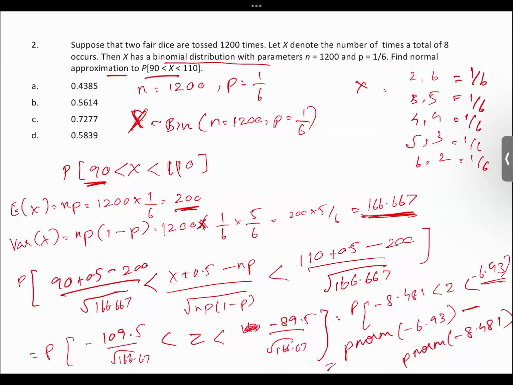Yeah, you just do this, whatever answer you get should be the answer. This is how you solve it, basically. You can work it out.